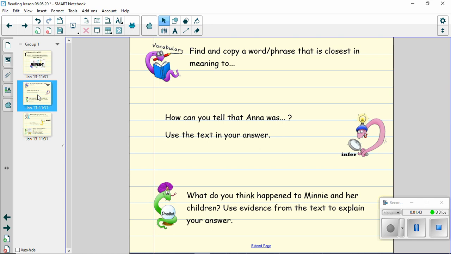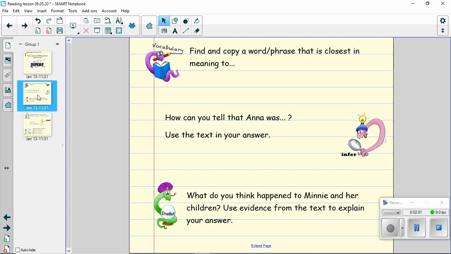Okay, the next one, an inference question. So again, this is where we're going to be using clues. I might ask a question something like, how can you tell that Anna was calm when she heard the news that the Titanic had struck an iceberg? And it says use the text in your answer.